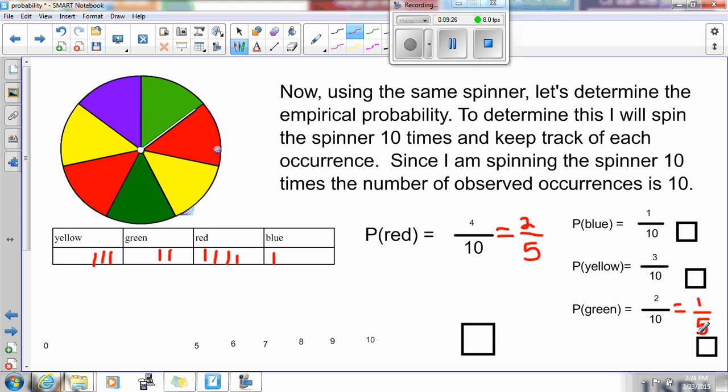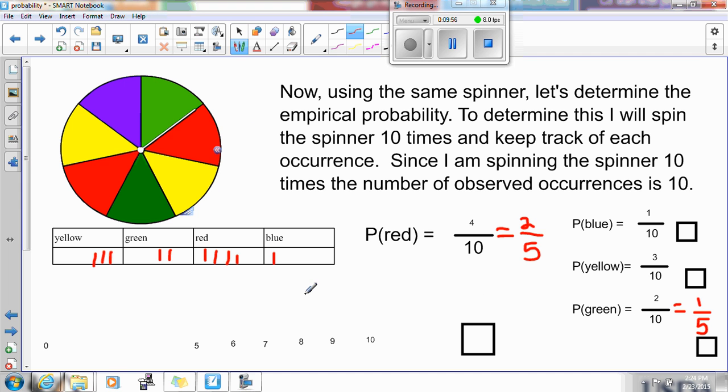Now, notice if I were to take all of these probabilities and add them up, that is the 2/5, 1/10, 3/10, and 1/5, or if I just wanted to stay with the 4/10 plus 1/10 plus 3/10 plus 2/10, I could add, since they all have a common denominator, 10, I take the 4 plus 1 plus 3 plus 2, and I get 10, or 10/10.